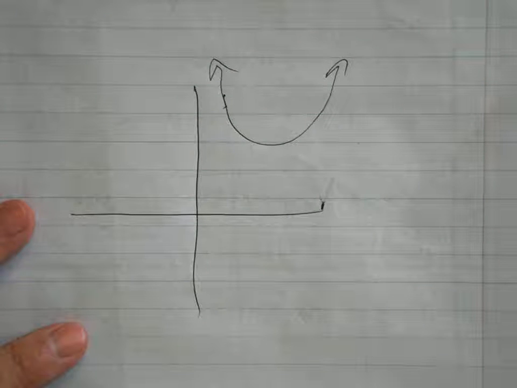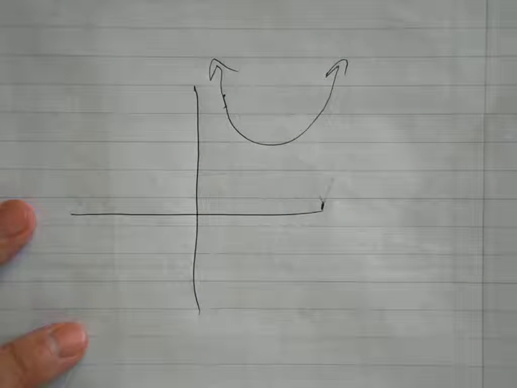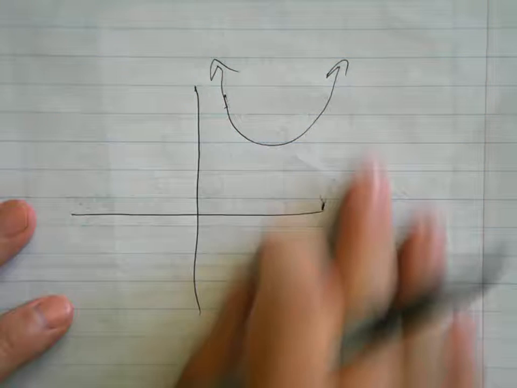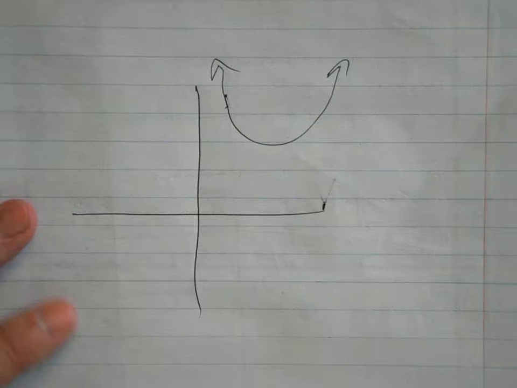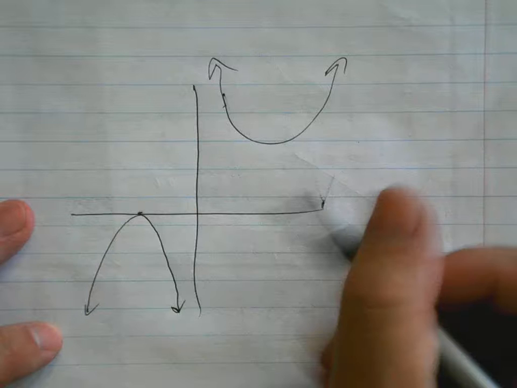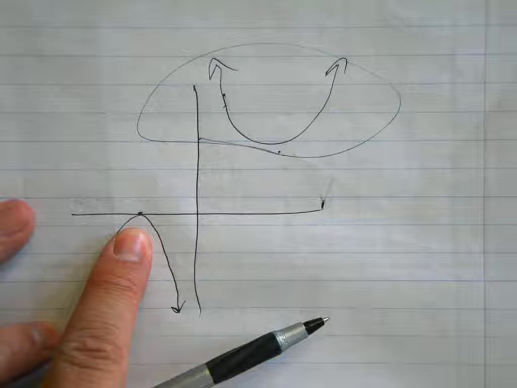With that shape, is it possible to have one x-intercept? That was a trick question. With this shape, can I move it around somehow so that it has one x-intercept? If I just tap it, no x-intercepts, one x-intercept, and two x-intercepts.